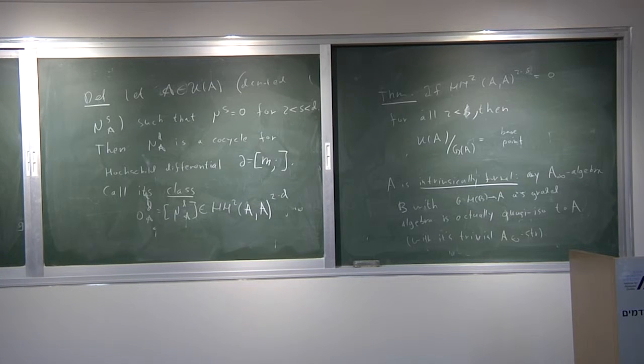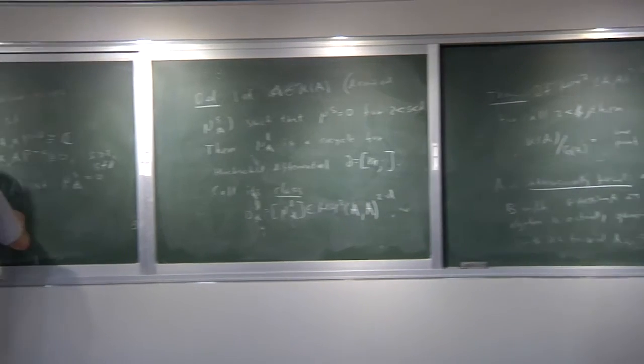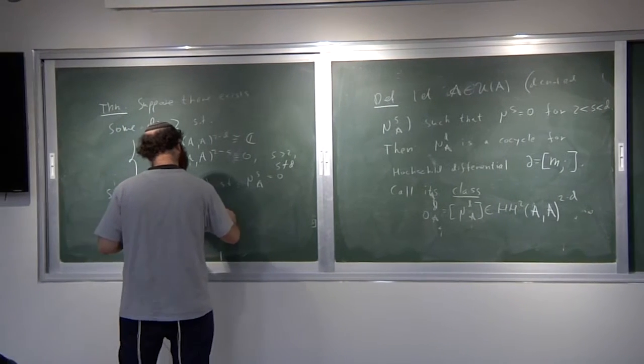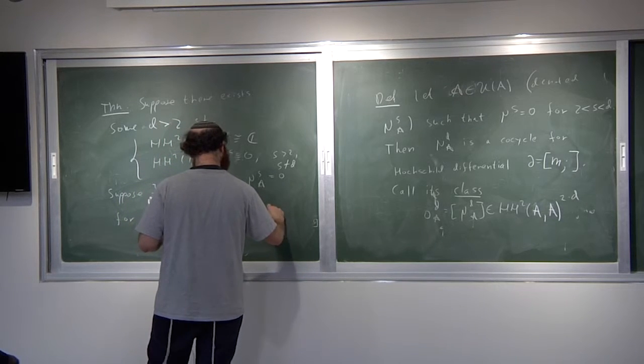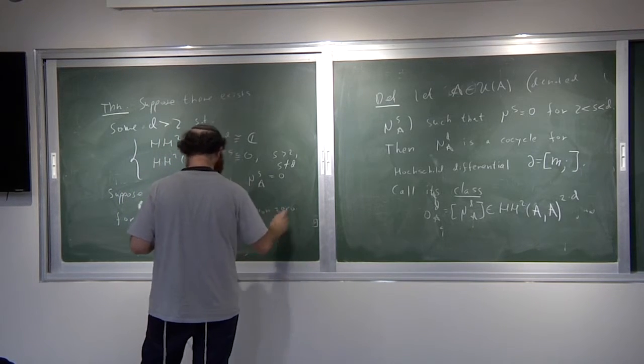Okay? And we suppose that there exists some curly A inside U of A such that mu S of A is 0 for 2 to S to D and O D of A is non-zero. These are the hypotheses.